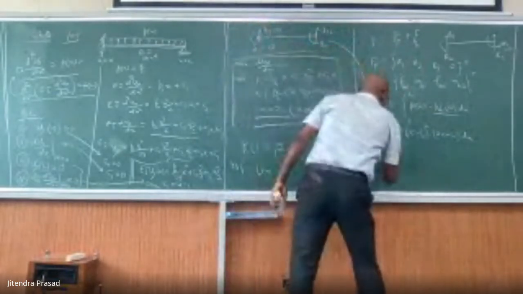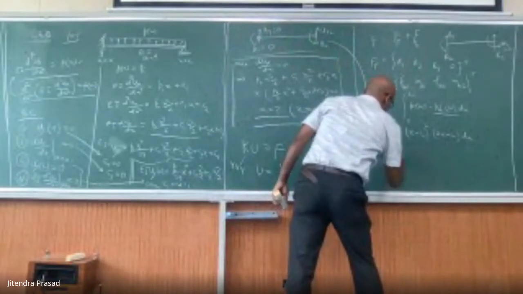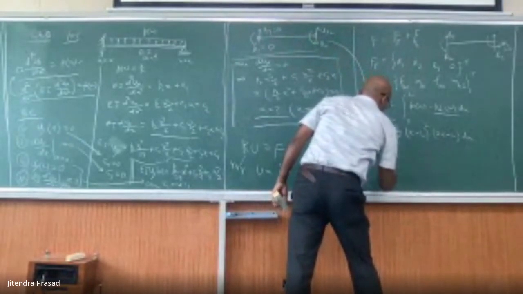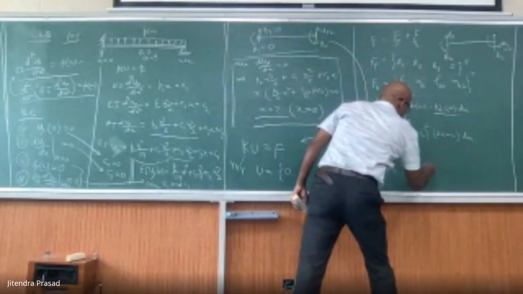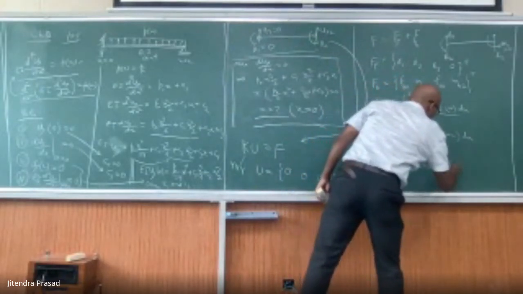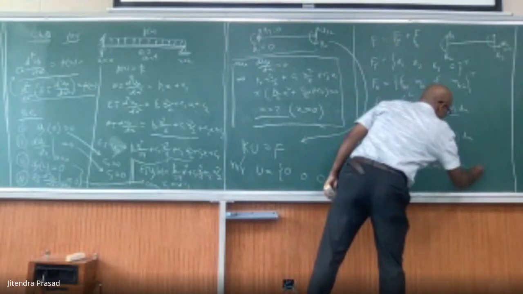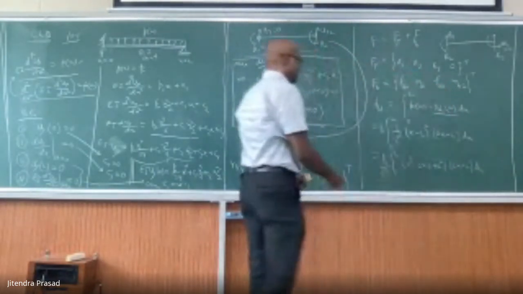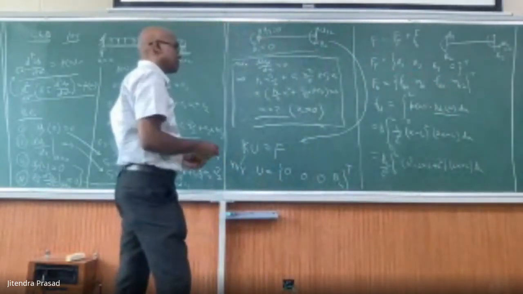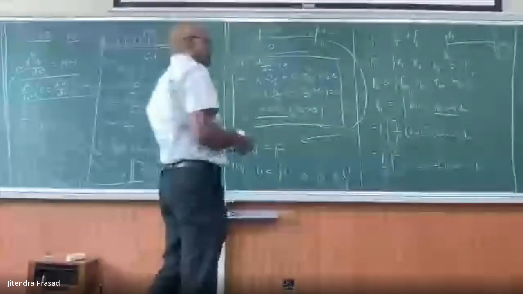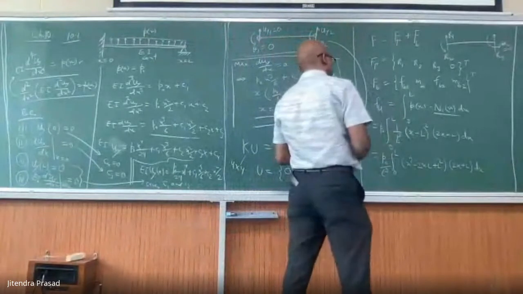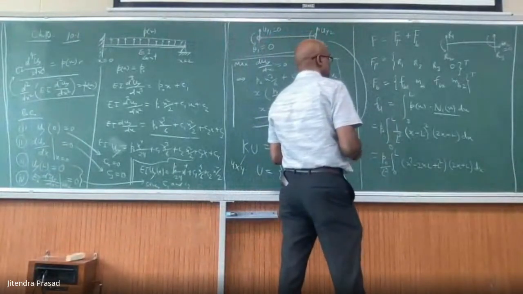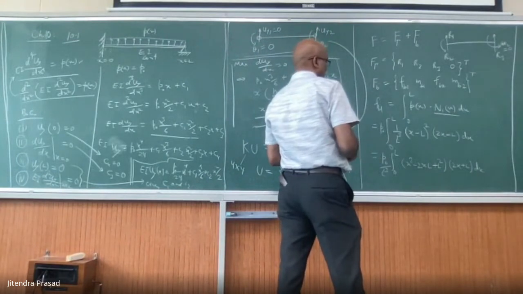You have to expand it. It will be easier. 0 to L over L cube and x square minus 2xl plus L square, 2x plus L. Right? Fine.